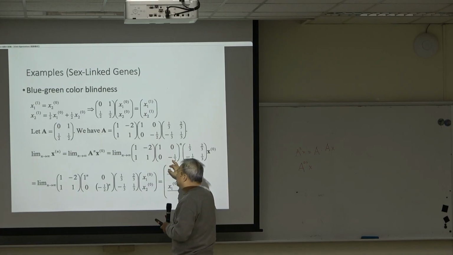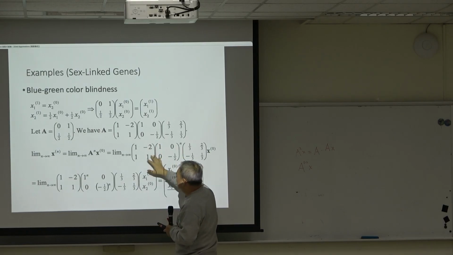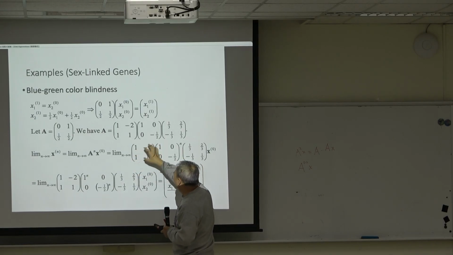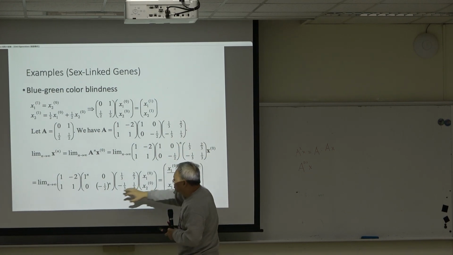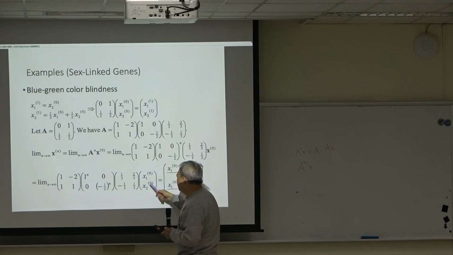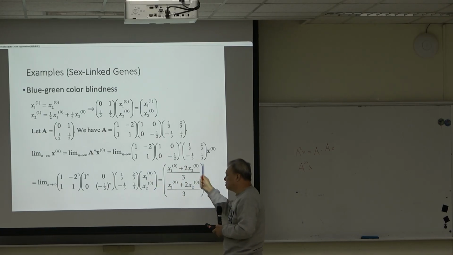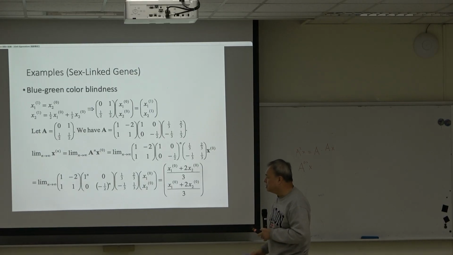So what happens is we multiply this one with 1, 0, 0, 0, and the result multiply this one, and multiply the initial condition. So this is the result.